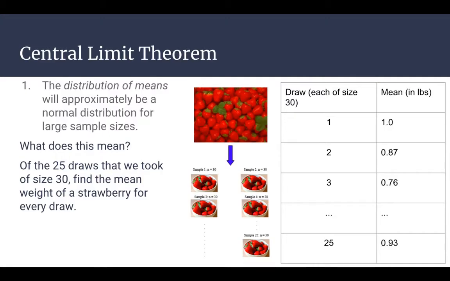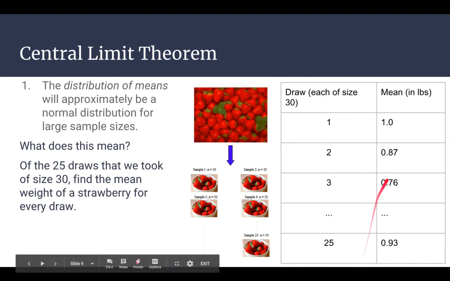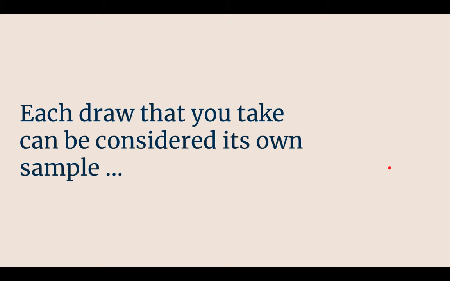So I can take this and I could create a data set. Each draw has 30 strawberries in it, right? Each of size 30. Each of these bowls will contain 30 strawberries. And then I'm going to take the mean weight of these 30 strawberries in pounds, and I'm going to do it for every single draw, and I'm going to record it in a table. Instead of using the word draw, we can say that each draw that you take can be considered its own sample.